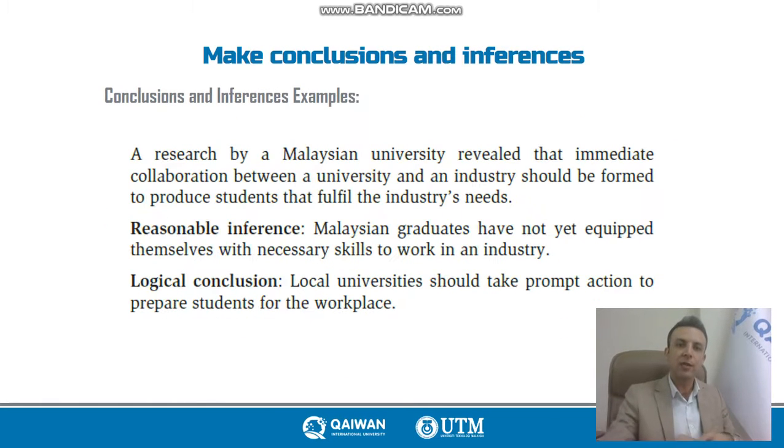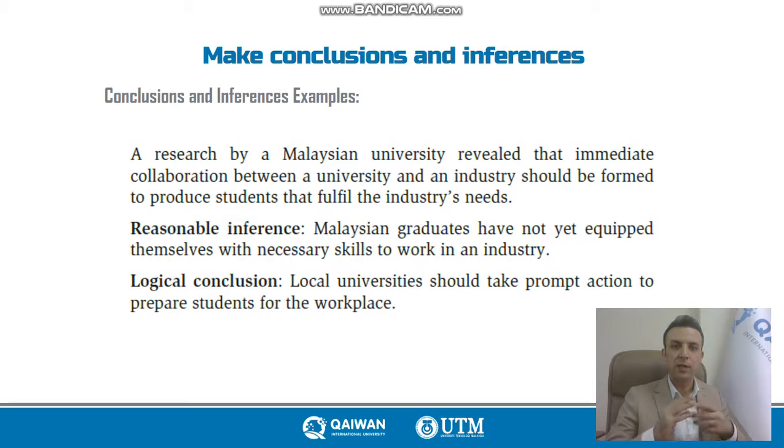Let's study some other examples. As you can see here, a research by a Malaysian university revealed that immediate collaboration between a university and an industry should be formed to produce students that fulfill the industry's needs. Well, this is the text. So a reasonable inference is this: Malaysian graduates have not yet equipped themselves with necessary skills to work in an industry.